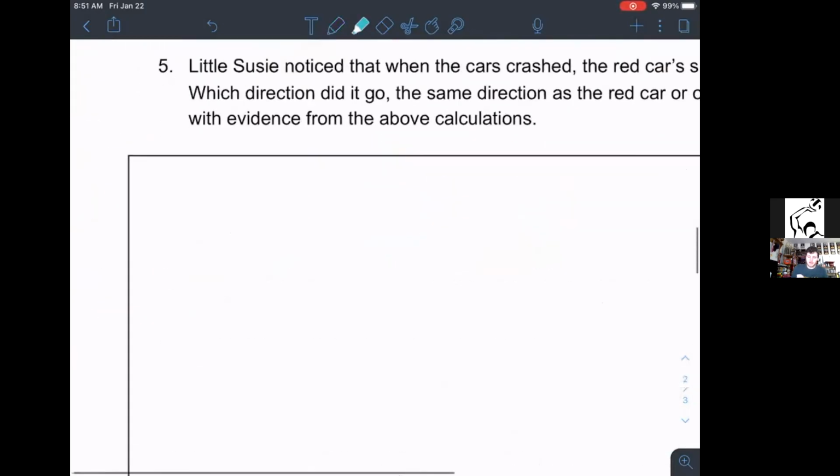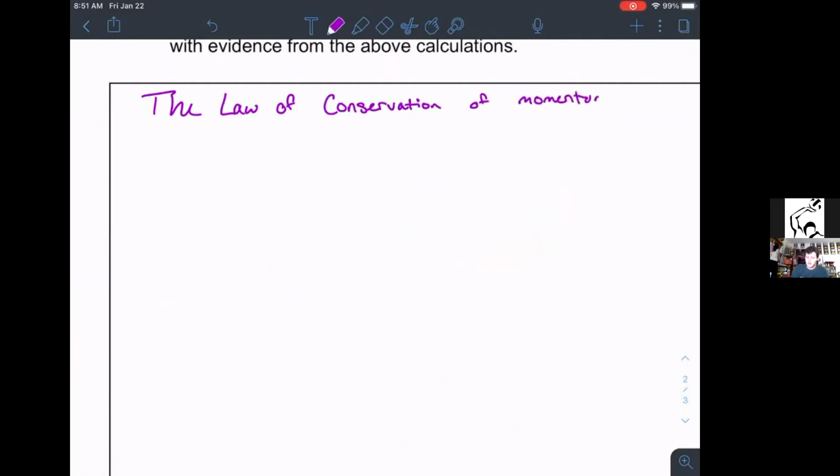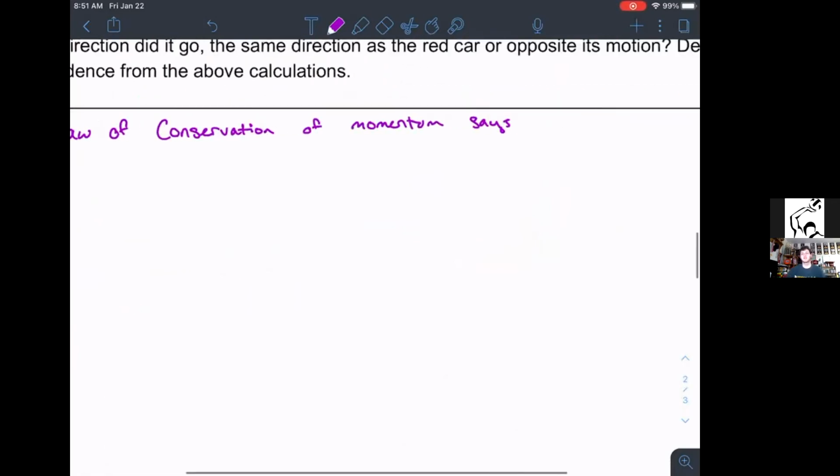But we need to remember that the law of conservation of momentum says momentum can't be created or destroyed. That is something we should have gotten from the overall pogo, that momentum is going to remain constant.